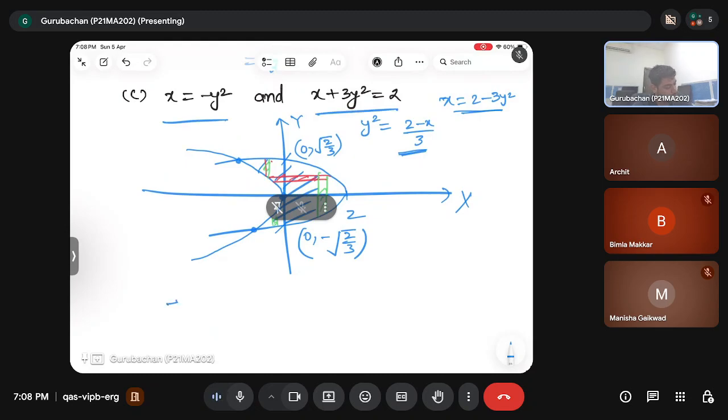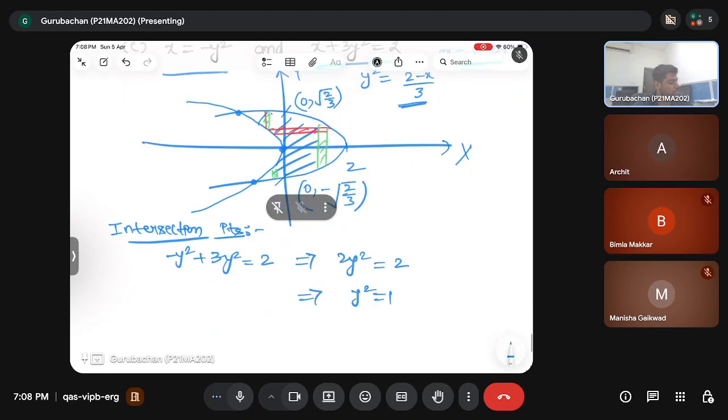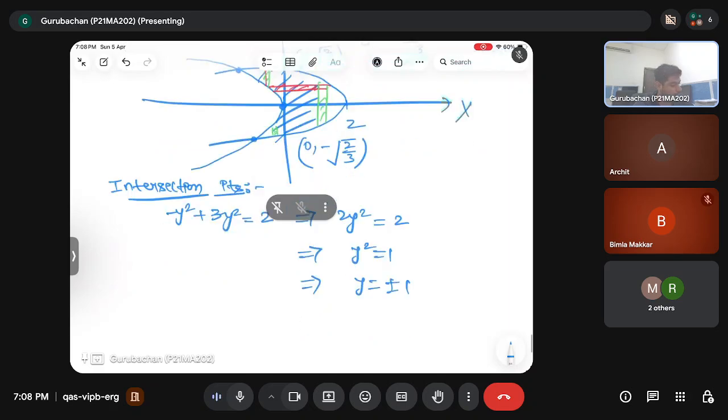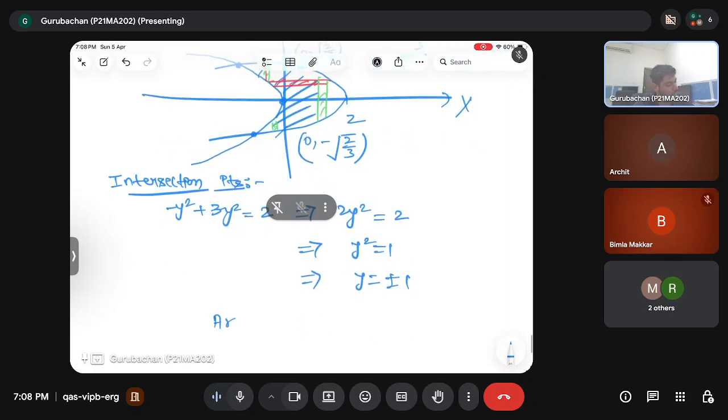It will give you minus y square plus 3y square is equal to 2, so 2y square is equal to 2, so y square is equal to 1, so y can be plus minus 1.